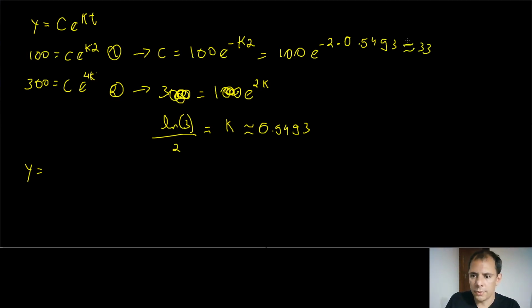So there were 33 flies on the first day, right? And then you have 100 flies on the second day and 300 flies on the fourth day. So the number of flies are increasing, right? 33 and then 100 and then 300. If it's increasing, it's because k is positive, and it is positive. See? Okay.